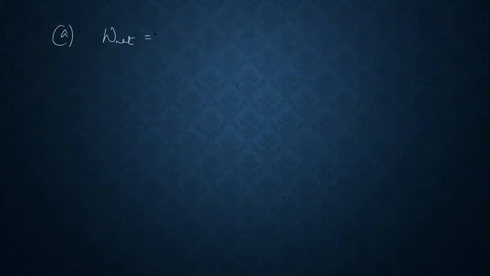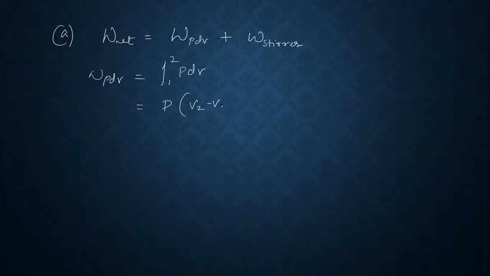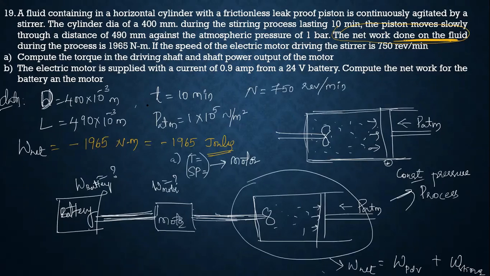For the integral P dV work, it is a constant pressure process, so the integral from 1 to 2 of P dV is P into V2 minus V1. Here P is atmospheric pressure. That is why they have given the diameter and stroke. The piston moves slowly through a distance of 490 mm, this is the stroke.